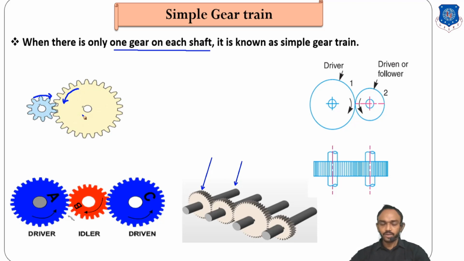So remember that whenever two gears are meshing externally, the direction will be changed, and if there is internal gearing, the direction will be the same. If one gear is mounted inside the other, and the outer gear is rotating in this direction, then the direction of the internal gear will be the same.